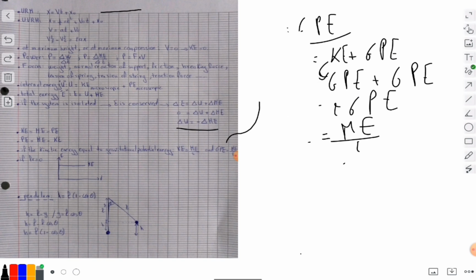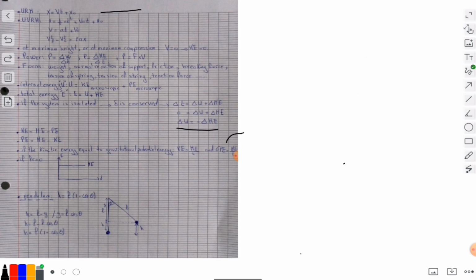If friction equal to 0, the mechanical energy is conserved. So the representation of mechanical energy is a straight line, constant, horizontal. Finally, the pendulum. This is a free pendulum, and this is theta.